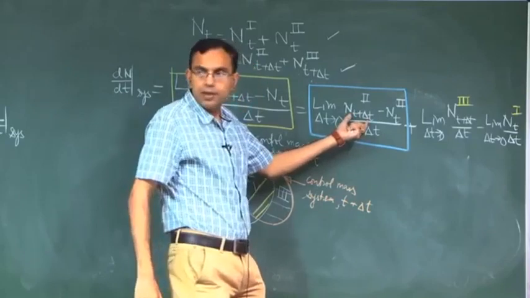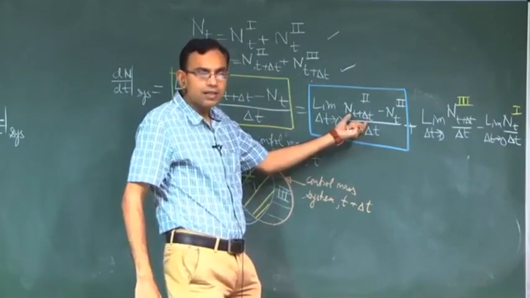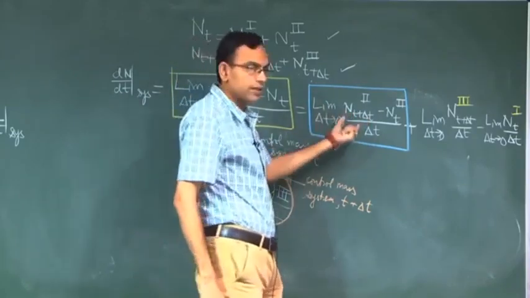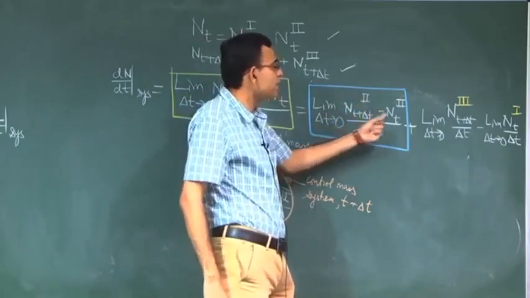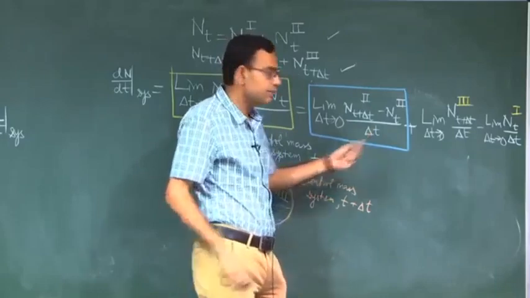what does it physically mean? It physically means that at a given location, which is 2, what is the rate of change of N with respect to time?